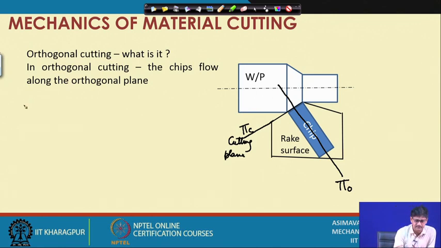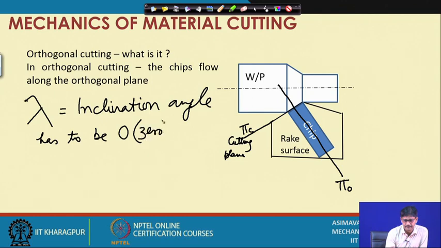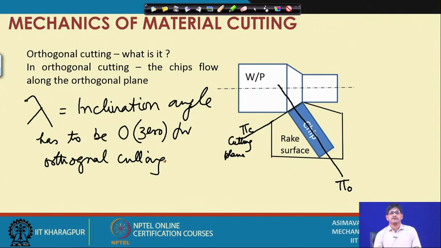So, let us write it down. Inclination angle means that, as you can see here, there is the trace of the cutting edge as seen in the plan view.